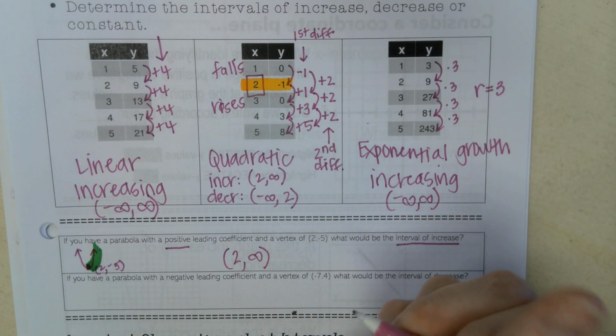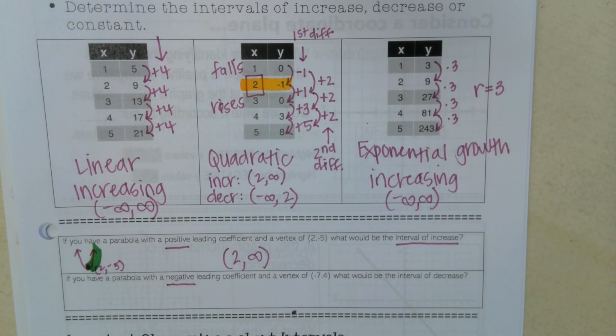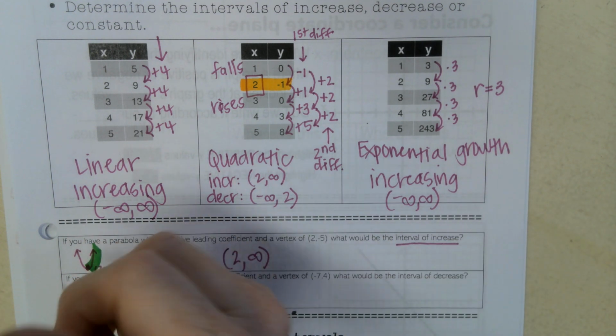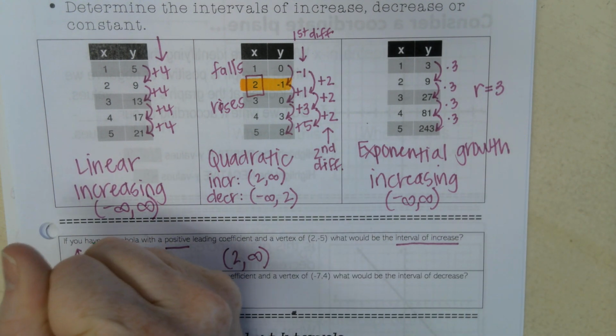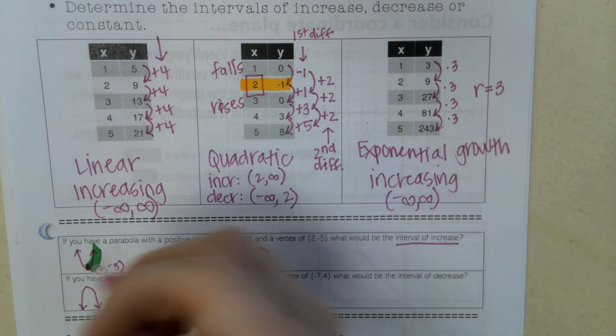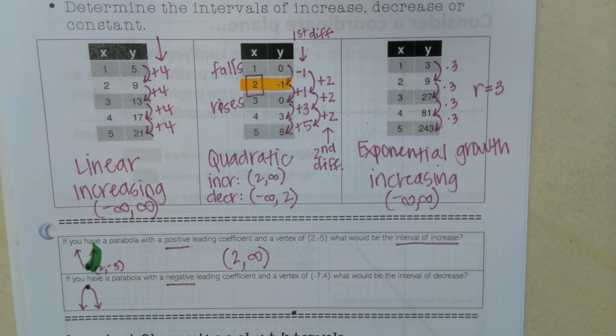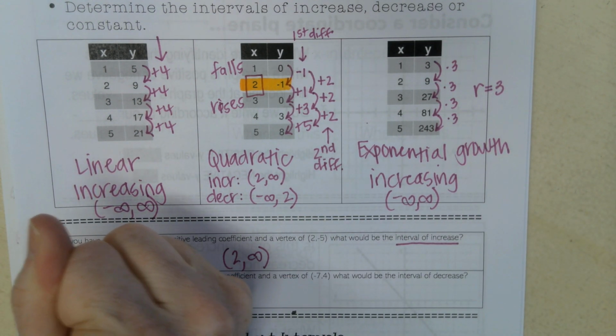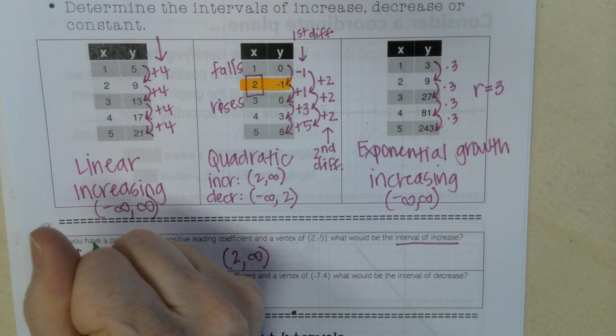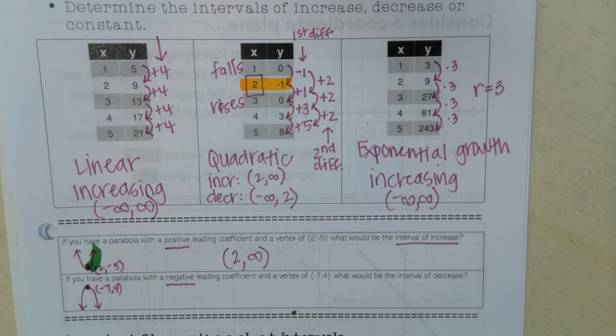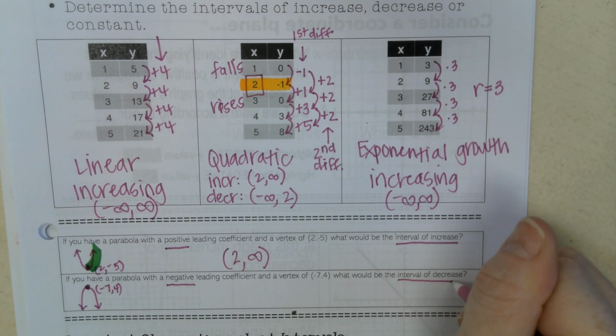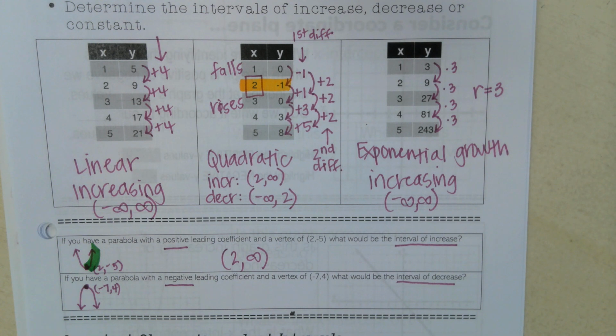All right, this one. If you have a parabola with a negative leading coefficient, what does that tell me about my graph? It opens down, okay? And it has a vertex at the ordered pair -7, 4. What would be the interval of decrease?